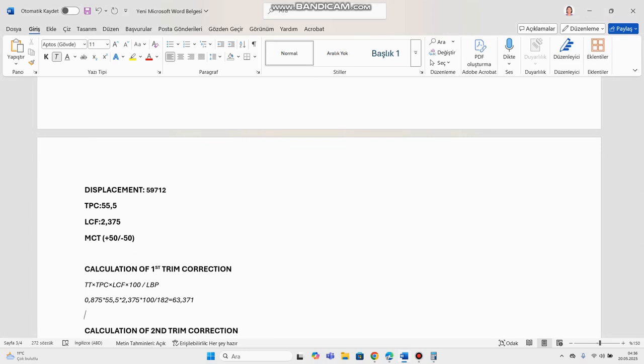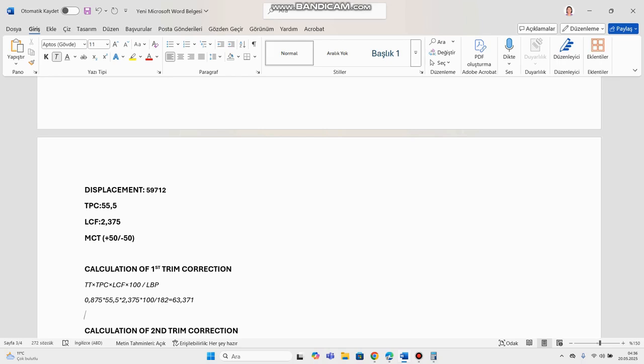At the first trim correction, there's an important point. I will explain it. First trim correction can be positive or negative. It depends on the situation of the vessel. I mean, if trim of the vessel and LCF location of the vessel are at the same side, first trim correction will be positive.